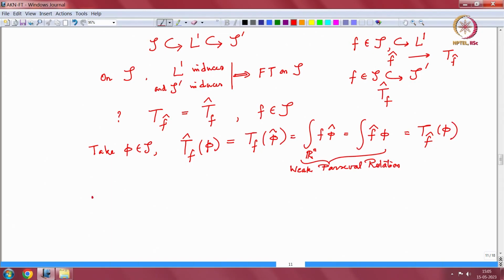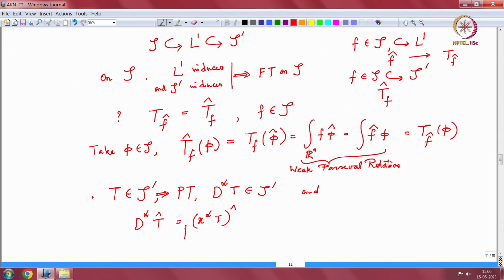So, you also have these easy results which I will just state. If T is in zeta prime, again just like in zeta, you can multiply a distribution by a polynomial, and D power alpha of T is in zeta prime. So, you have all those operations, and you also have the formula for D power alpha of T hat, which I will write down in the same form.